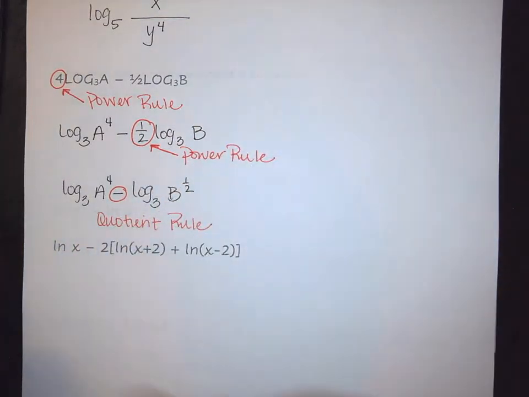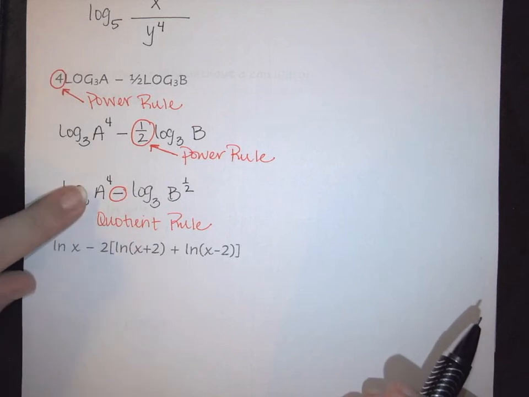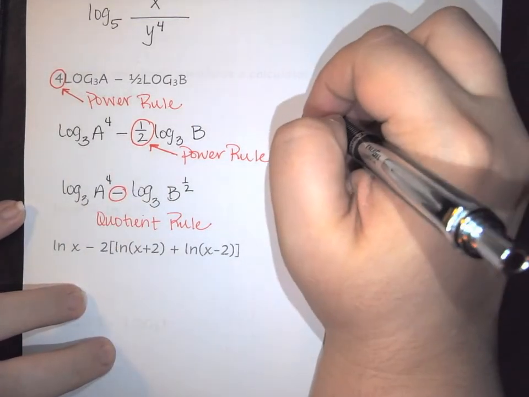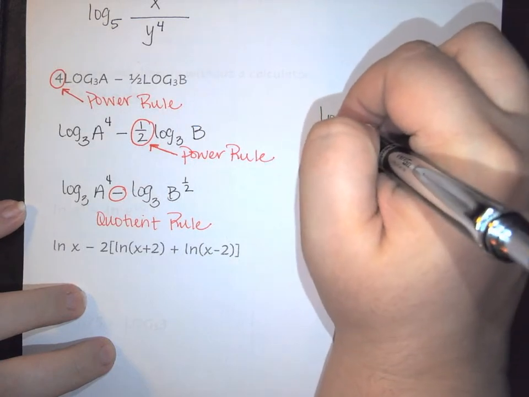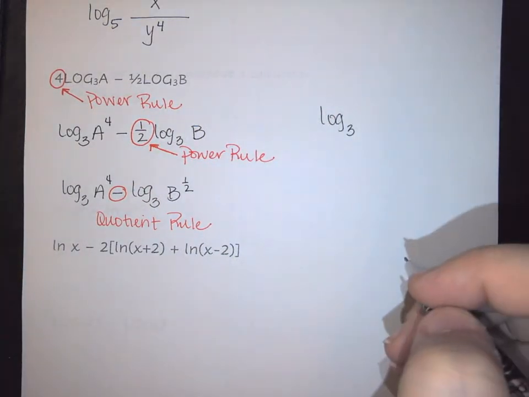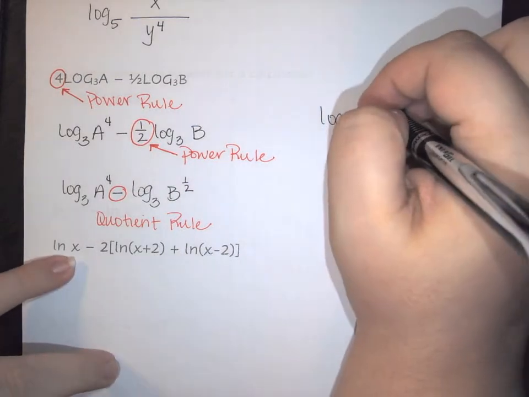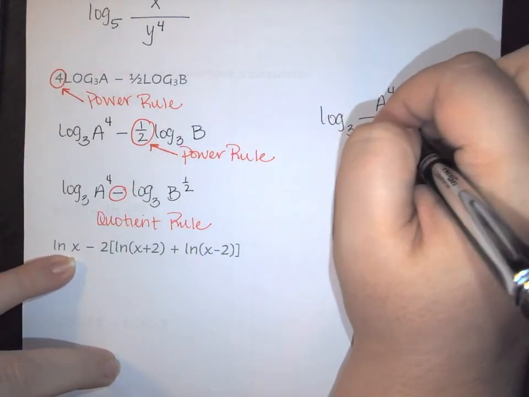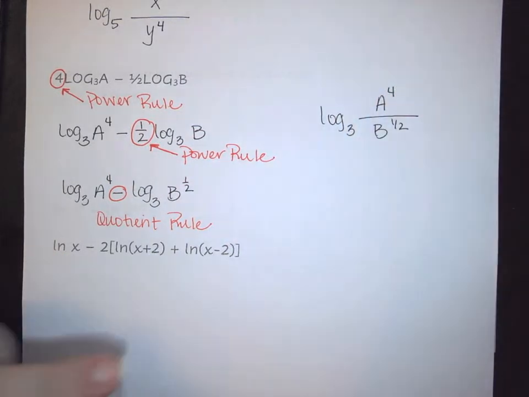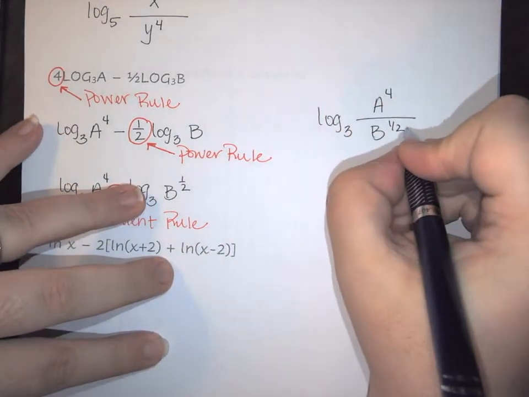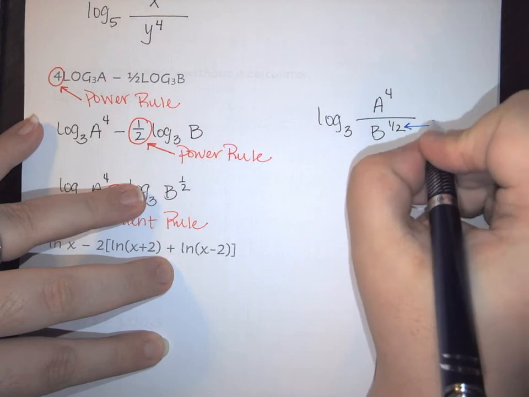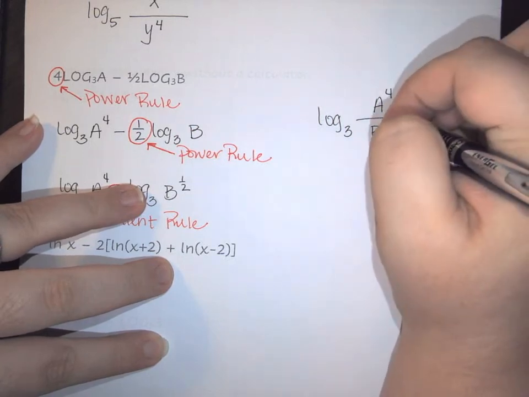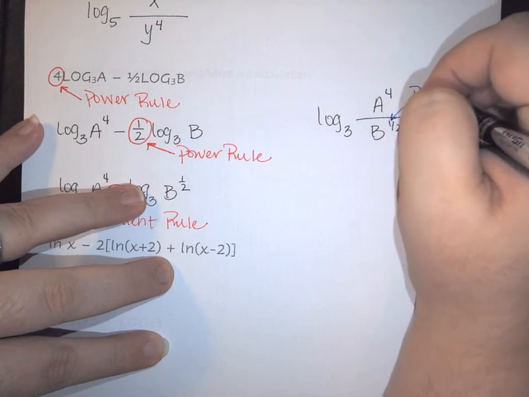And that quotient rule says, once more, the left-hand side is the numerator, the right-hand side your denominator. So this is going to become the log base 3 of a to the 4th all over b to the 1/2. But then we need to remember this denominator right here means root, whereas this numerator here means power.